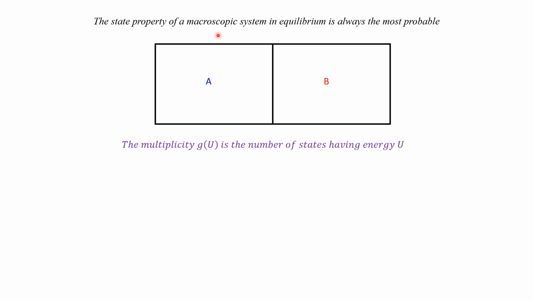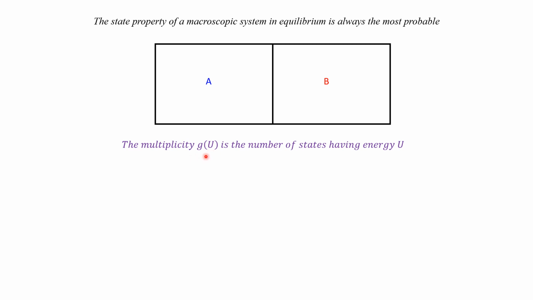And to apply this principle to this problem, we need to define this very important function, which is called the multiplicity. So G here is the multiplicity, and the multiplicity is a function of the properties. At this moment, the only property we are looking at is the energy.